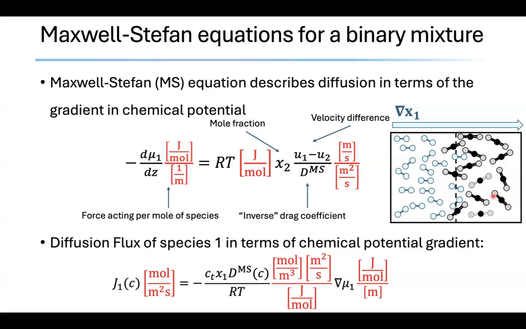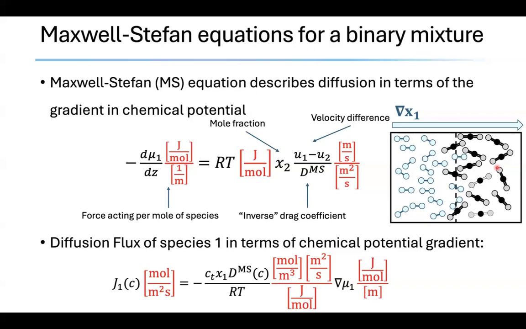This resistance that the blue molecule faces is directly proportional to the relative velocity with respect to the black molecules. If the relative velocity is high, which means that the blue molecule is traveling extremely fast, then it's going to face a higher resistance.